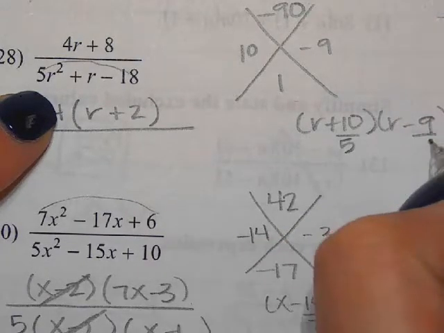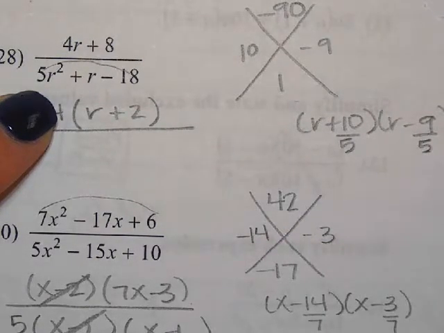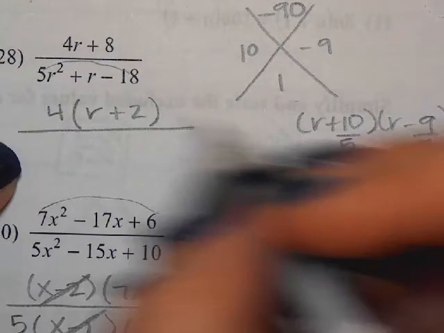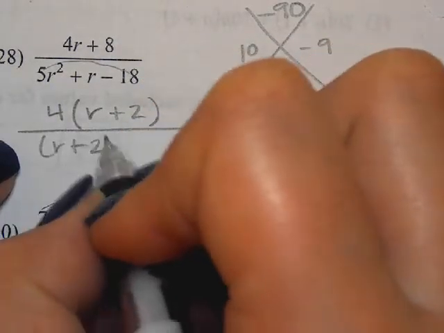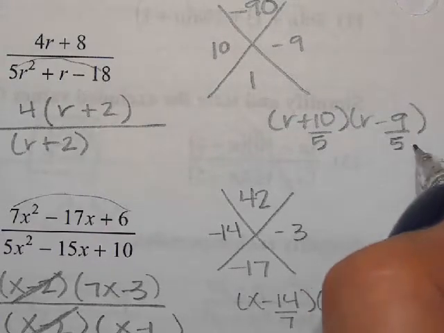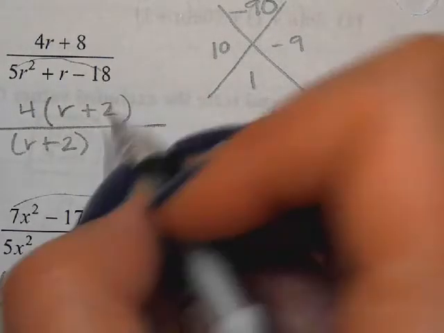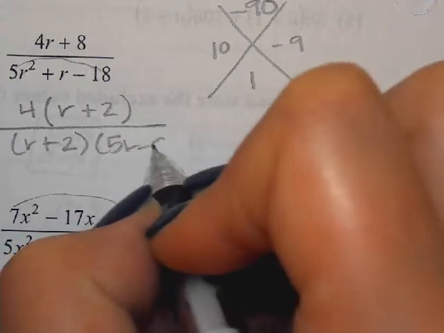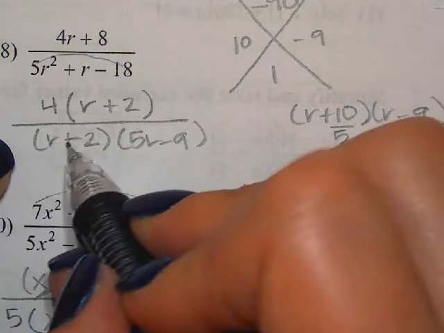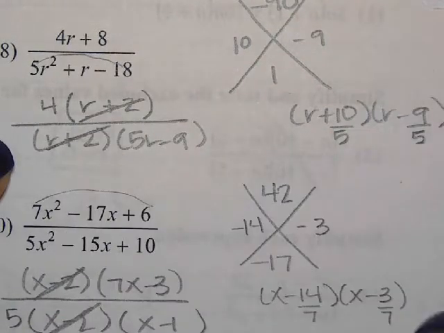And why did you divide by 5? Yeah, so the number that you slid is the number we divide by. So 10 divided by 5 is 2, so we have r plus 2. 9 divided by 5 does not reduce. 5r minus 9, okay? And then what do you guys see? The r plus 2 and the r plus 2 completely cancel.